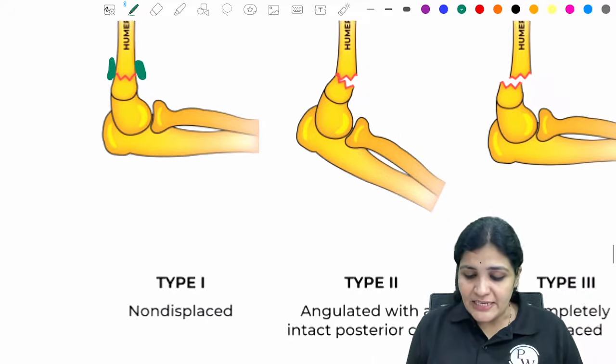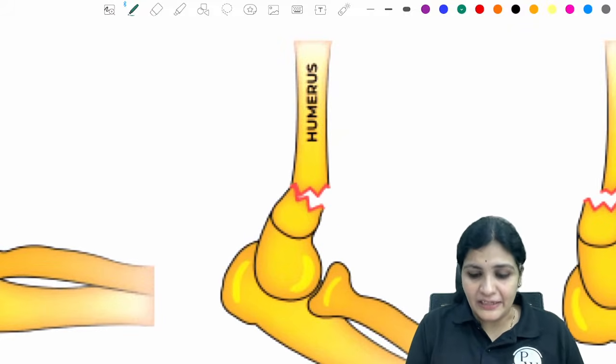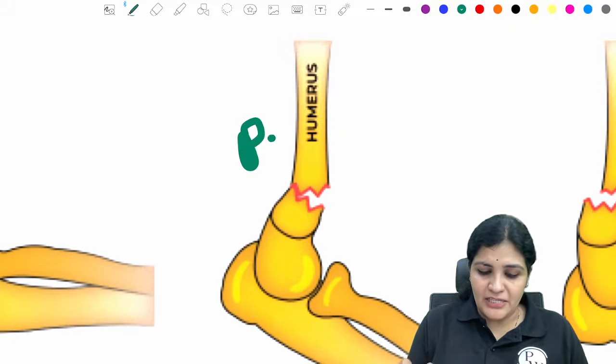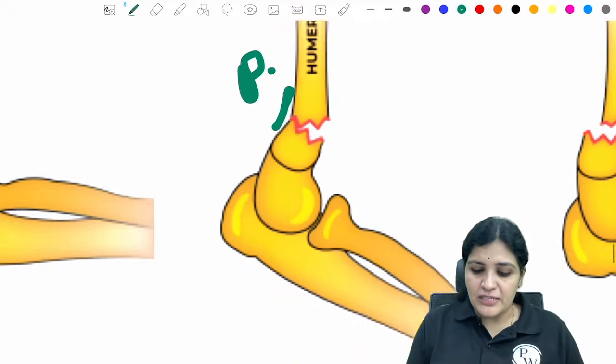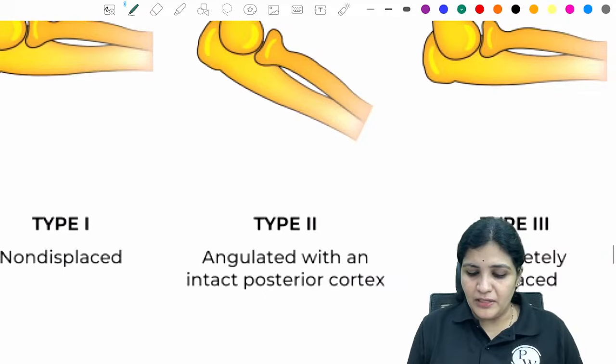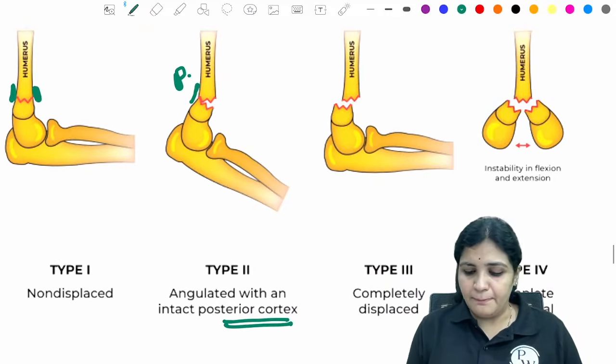And what is this? This is a fracture with angulation on the posterior aspect. Posteriorly, there is a hinge which is present. So this is a mild displacement with intact posterior cortex. And type 3 is completely displaced.